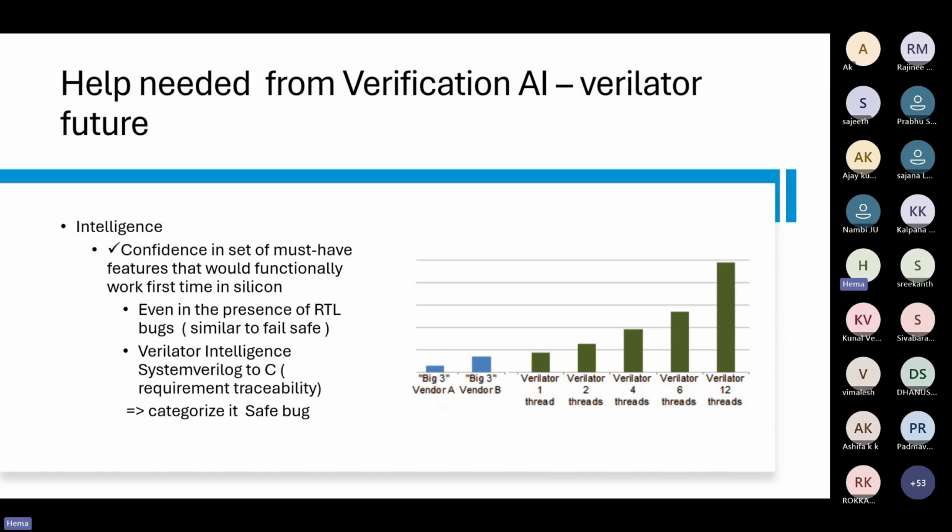A safe bug is something where a set of must-have features will work functionally, based on the verification that is done. It gives much better decision-making power to verification managers at the time of critical decisions like tape out, the green signal, whether this set of must-have features will work, even when the regressions are running and we don't have the full picture, or all bugs are not fixed.